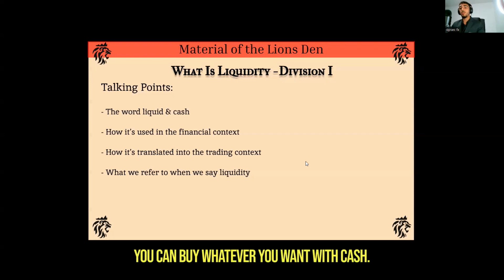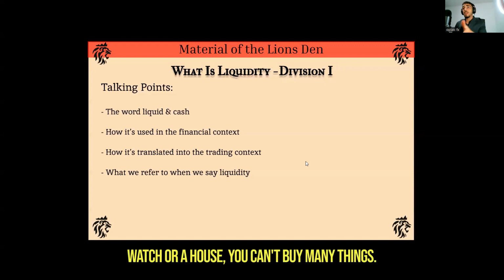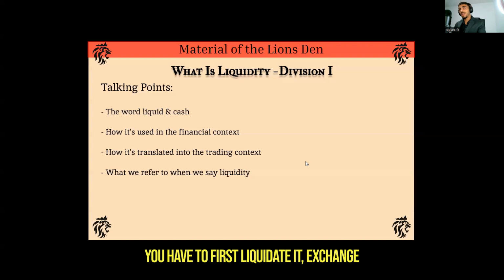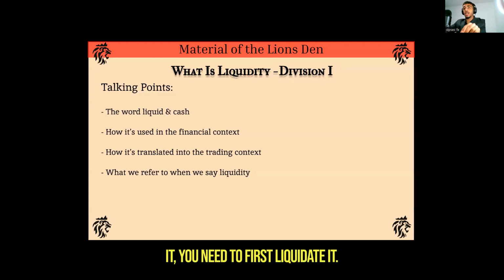You can buy whatever you want with cash. But with an asset such as an expensive watch or a house, you can't buy many things. You have to first liquidate it, exchange it for cash, hence the term liquidate, and then you can use that. In order to make use of it, you need to first turn it into cash.